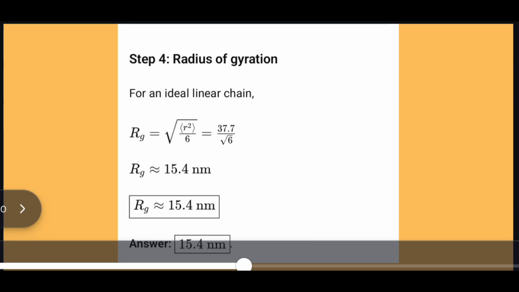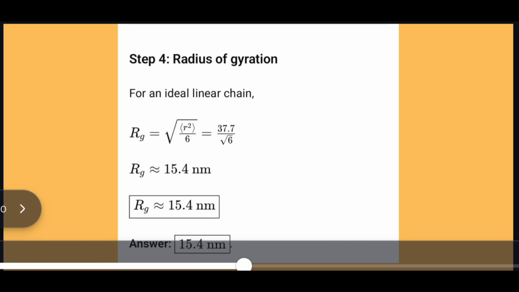Now in step 4 we will calculate the radius of gyration. For an ideal linear chain, Rg is equal to root of R square divided by 6, that is equal to 37.7 divided by root 6. So Rg is equal to 15.4 nanometer. So the final answer is 15.4 nanometer for the second question.